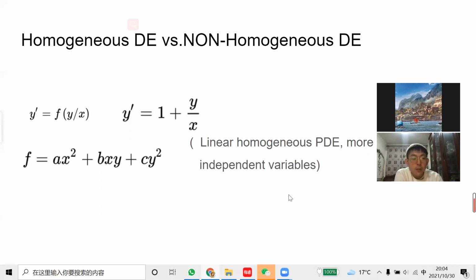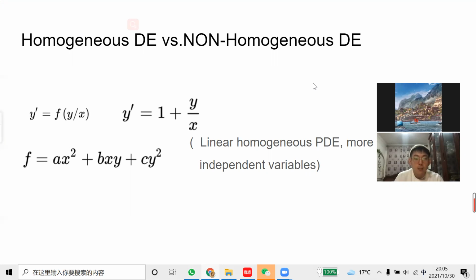The third equation, f equals ax squared plus bxy plus cy squared. As you can see, there's 1 x squared and also 1 y squared, and for bxy, the xy is just 1.